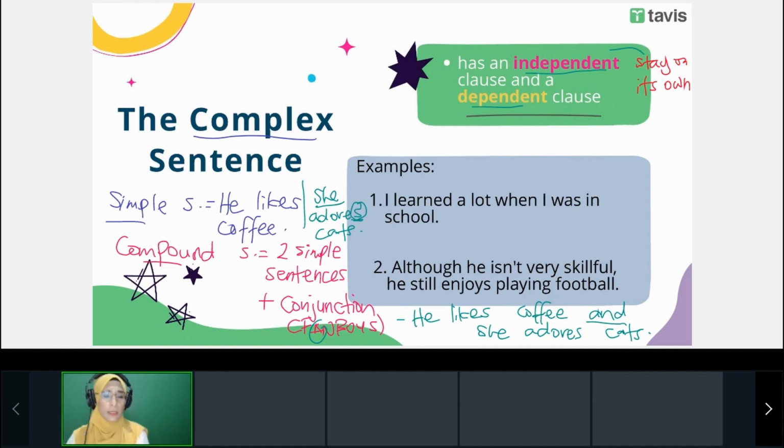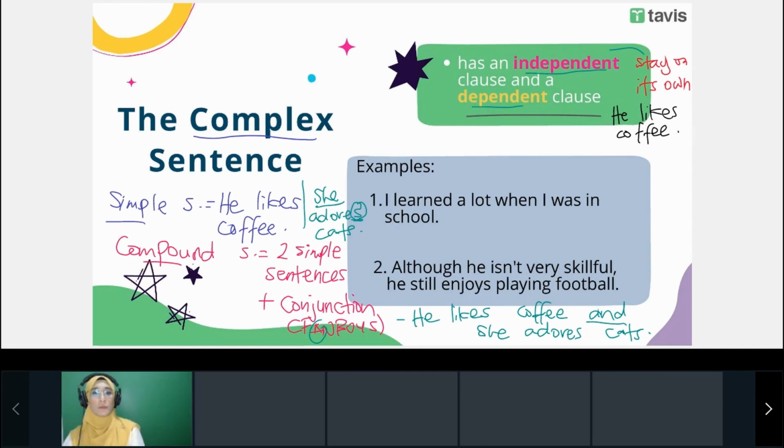What do I mean by it stays on its own? The sentence is something like this: he likes coffee. This sentence can stand on its own.